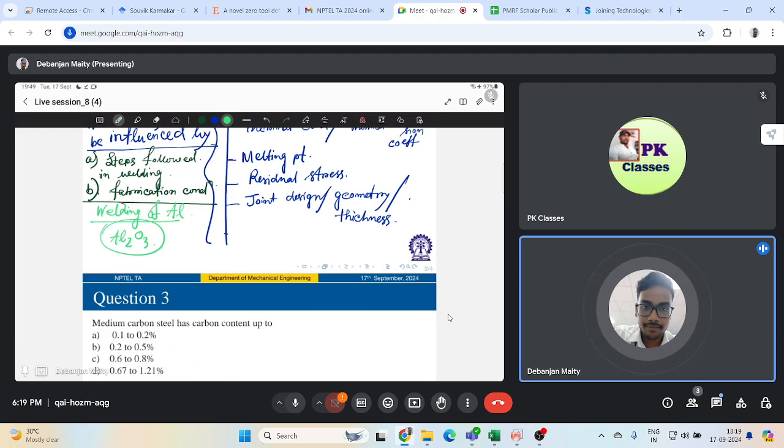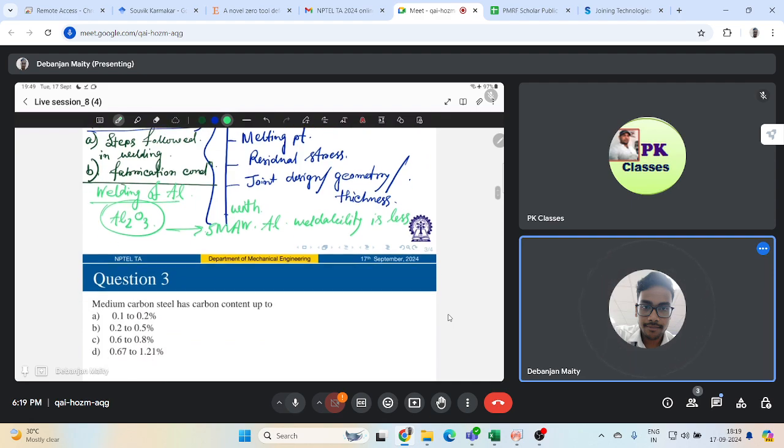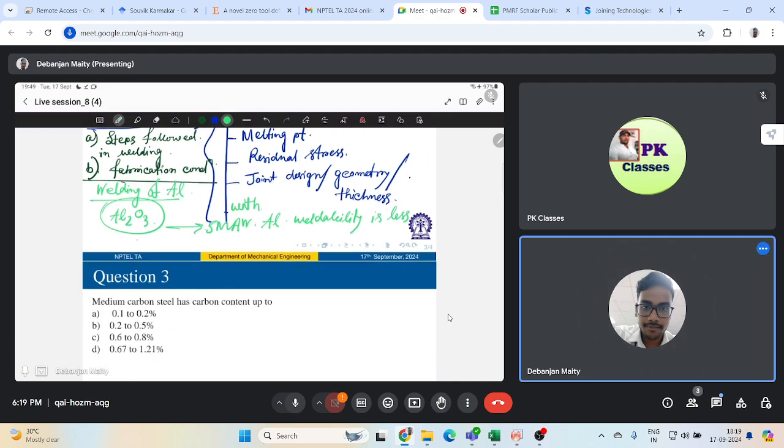The protection of the weld pool is not that effective compared to TIG or MIG. So with SMAW, aluminum weldability is less. Rather, for the same metal with TIG or MIG, aluminum is easily weldable.